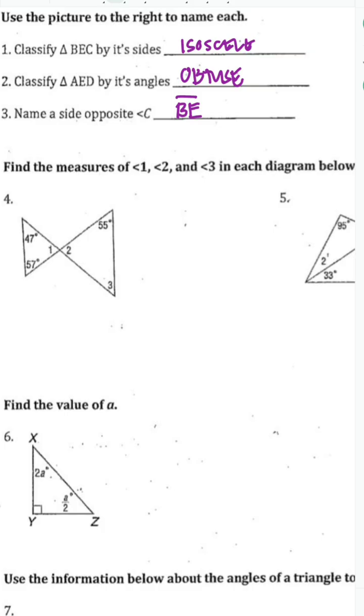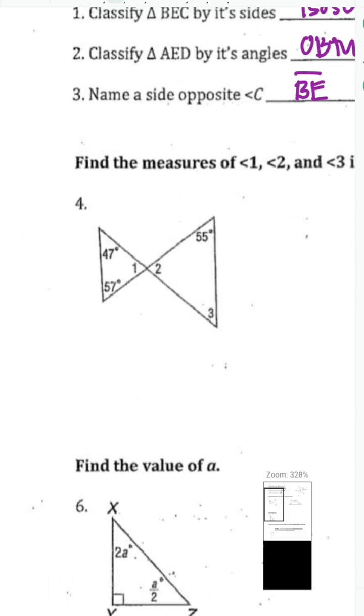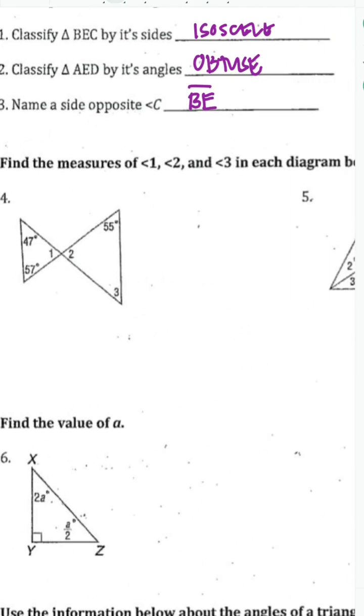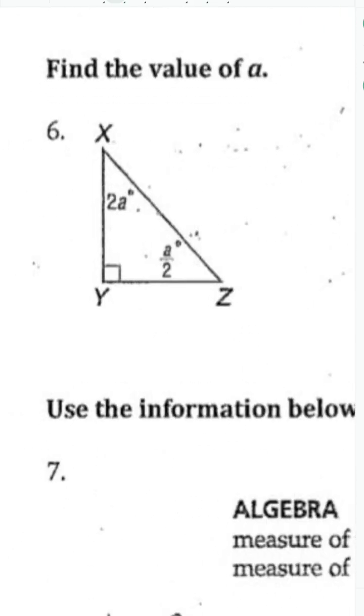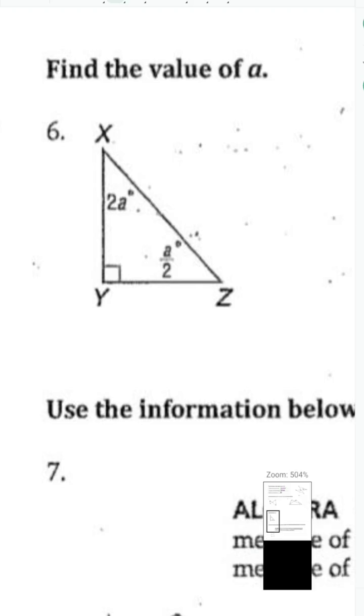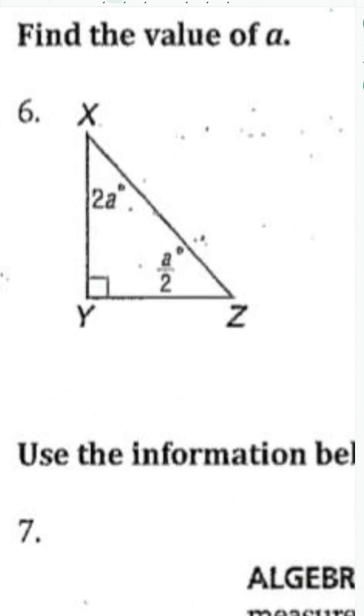Find the measures of angle 1, 2, and angle 3 in the diagram below. 4 and 5. Okay. Number 6. Find the value of A. So this is a right triangle.